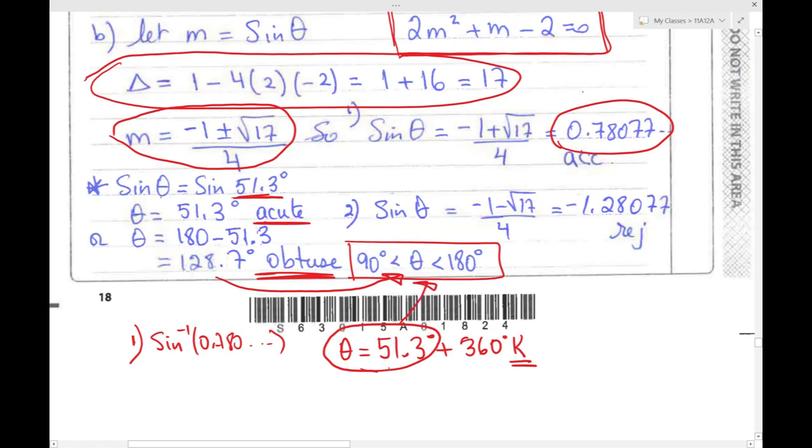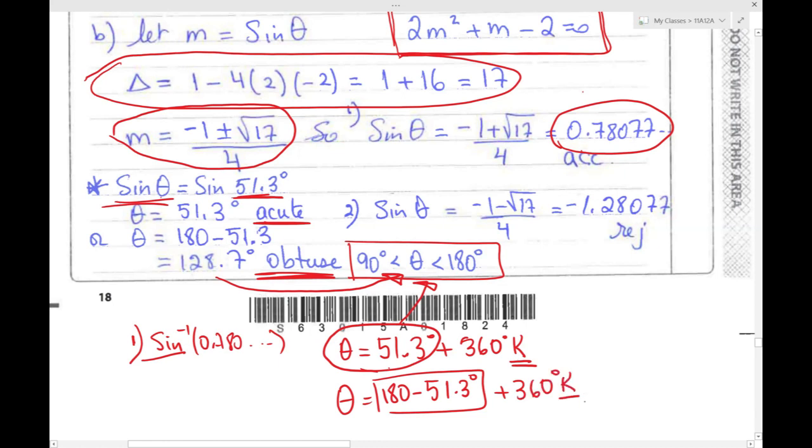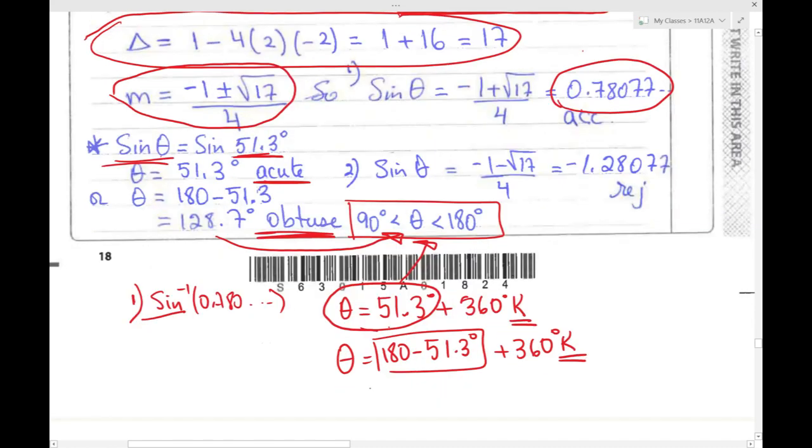No. So you move on. Also, since this is sine, you have theta equals 180 degrees minus alpha, plus 360 degrees k. You have to take both cases. So when k is 0, this is equal to 128.7 degrees. Is this in this interval? Yes, it is. So this would be the answer.